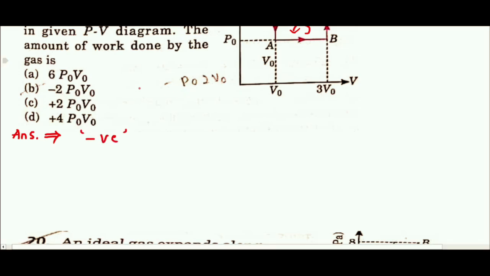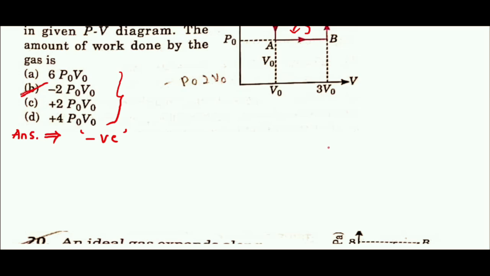So if we check the options, the only negative one is minus 2 P naught V naught, so by using common sense we can solve this in a few seconds. Hence the answer is option B, minus 2 P naught V naught.